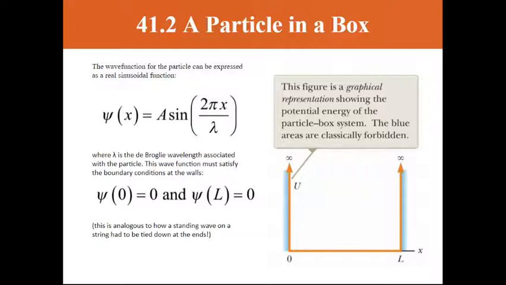That means that there's some amplitude to the wave function inside the box because the particle can only be found in there, but outside the two walls, outside the two edges of the box, you cannot find the particle. So the wave function would just be 0. You can't find it, so no amplitude.